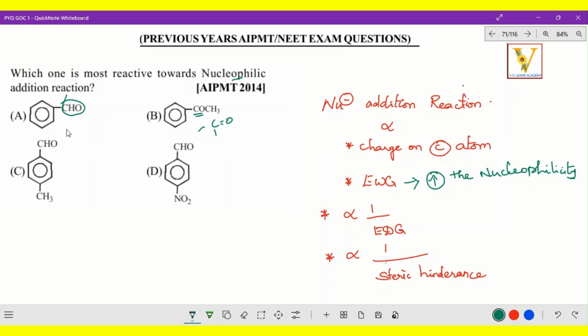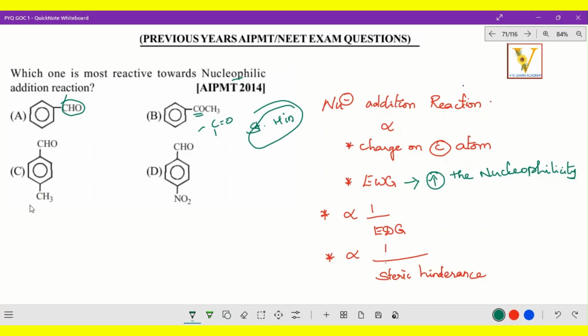So though there is a keto group here, steric hindrance will be present, so this will not be applicable.